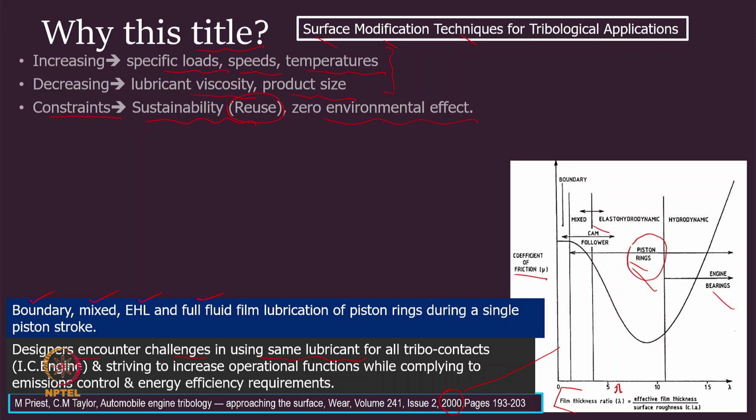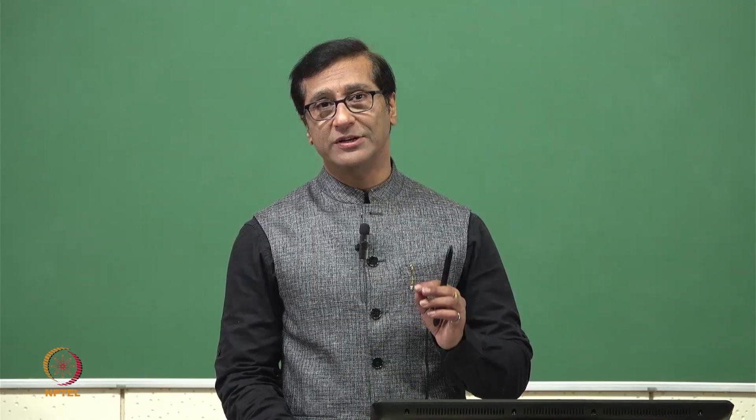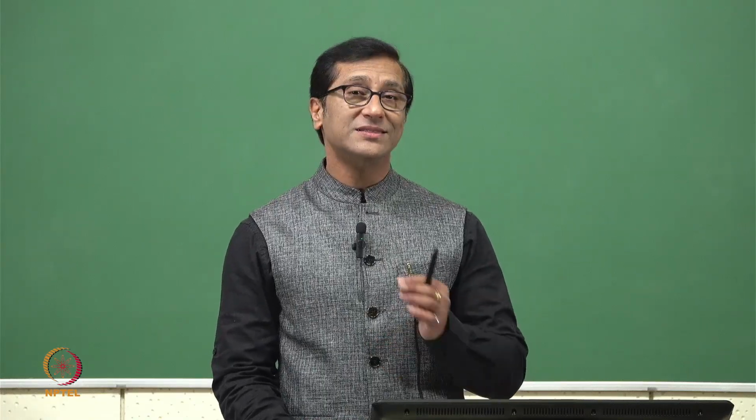So several different components will be utilizing the same lubricant. That means if I have to optimize the condition, I have to go to the local level, meaning the individual component level. Individual component level means either we go with a coating of that component or provide some sort of localized surface modification. That's why this topic is important.